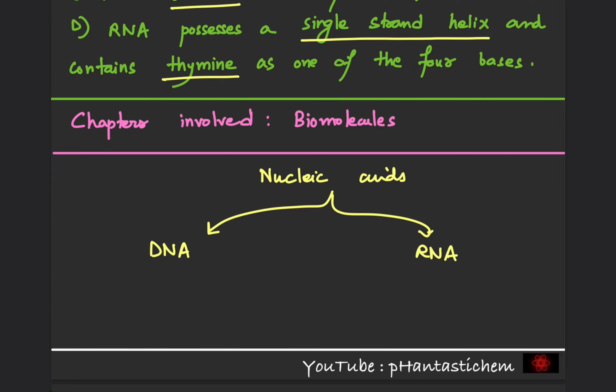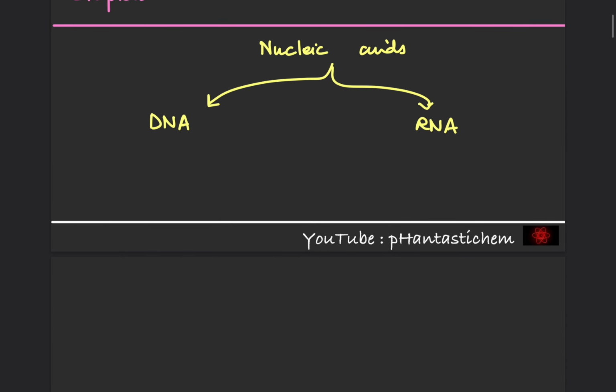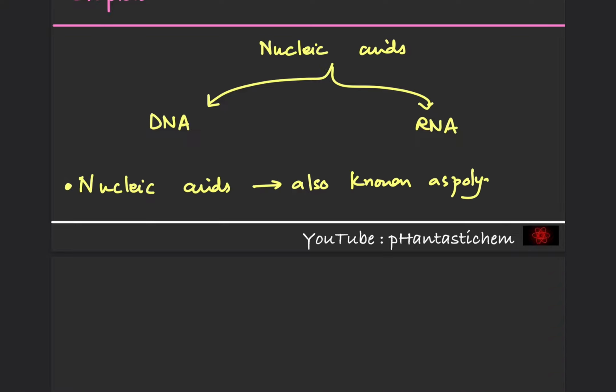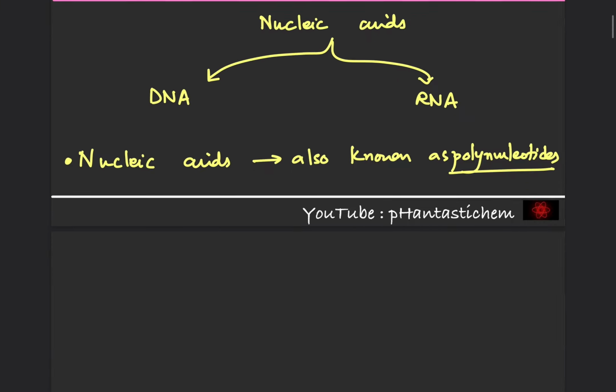Nucleic acids are also called polynucleotides, very important. They are known as polynucleotides because the repeating unit in them is a nucleotide.